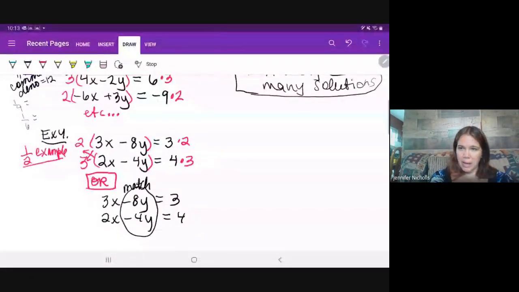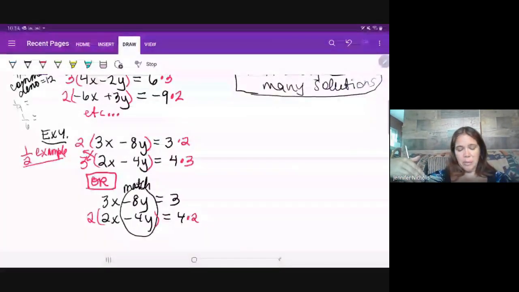What could I multiply by to make those match? Okay, I agree. Which equation would you want to multiply by 2? What if I just multiplied the bottom one by 2? Now, would that be faster, or multiplying the top row by 2 and the bottom row by 3?